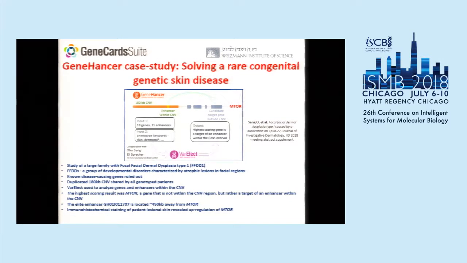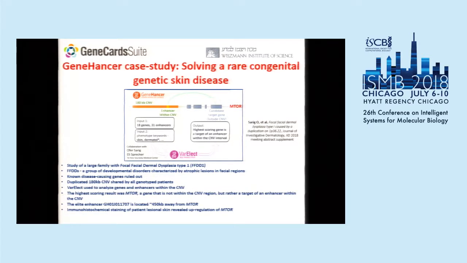It turns out that all of the patients had a shared duplicated 180 kb CNV. All the patients had it, and of course they thought that maybe there'd be a mutation in a gene in that CNV, but it turned out not to be the case. VarElect was used to analyze the genes, and because it had the enhancer information, it found that the disease-causing variant was actually within an enhancer in the CNV region.